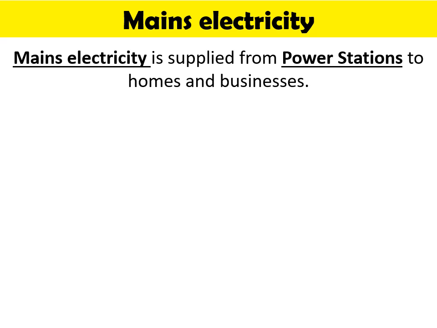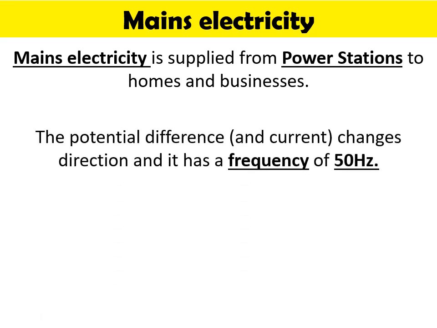The mains voltage or the mains current keeps changing direction. So that tells us that the mains electricity is AC. It's not DC, it is AC. It changes direction and it has a frequency of 50 Hertz.